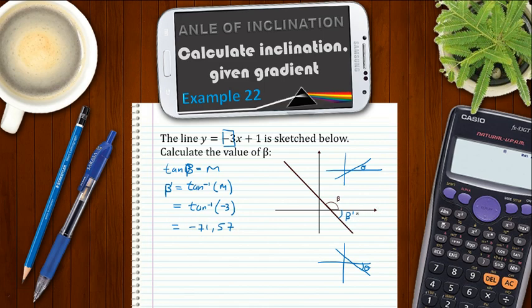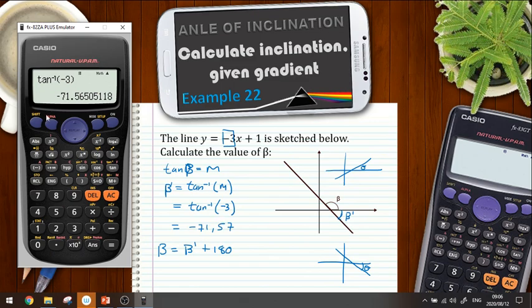So this negative 71 is this angle over here. Now the easiest way to get beta is to simply say beta equals beta 1 plus 180. It will always work out like that. So without even removing anything from your calculator, you just say plus 180, and that would give you your most accurate value actually.